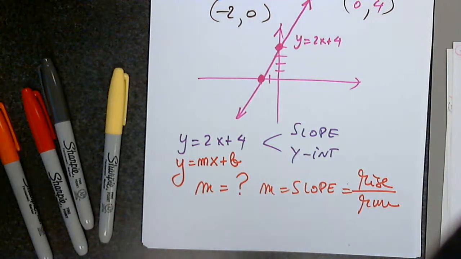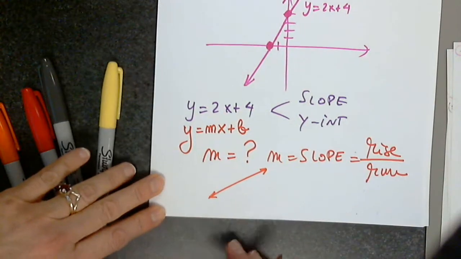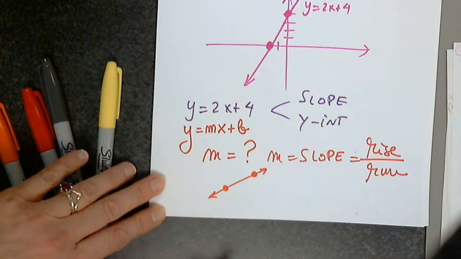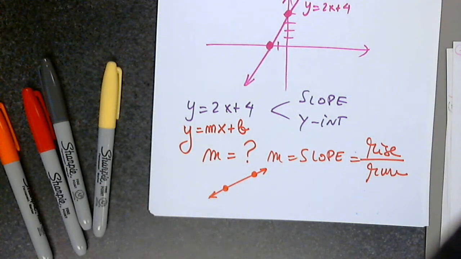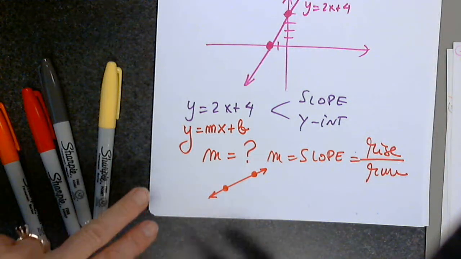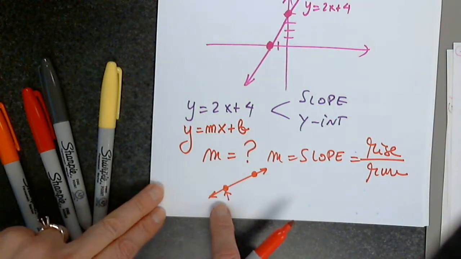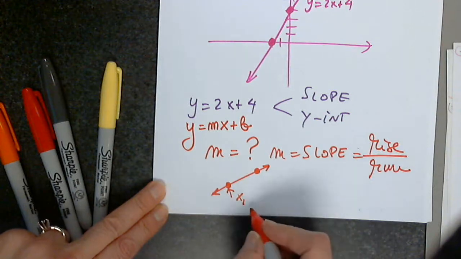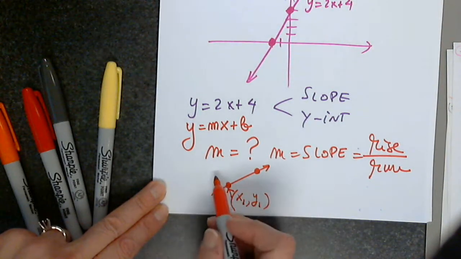So for example, if I have this line, and let's say I have this point and I have this point, I have 2 points that lie on this line, and I want to find the slope of this line. Here's how I do it. I'm going to denote this point, it's my first point, x1, the first coordinate x, y1, the first coordinate for y, because it's my first point.